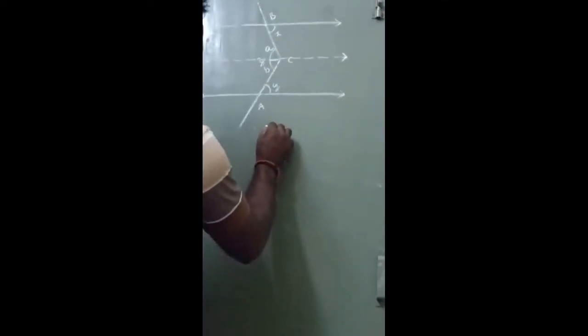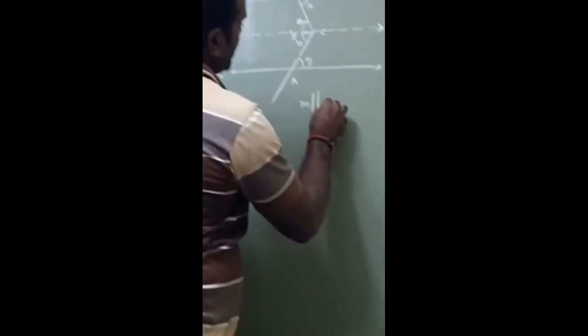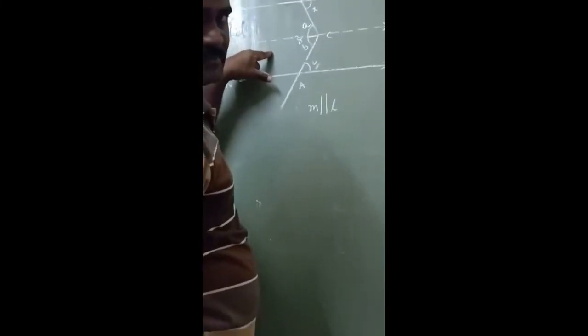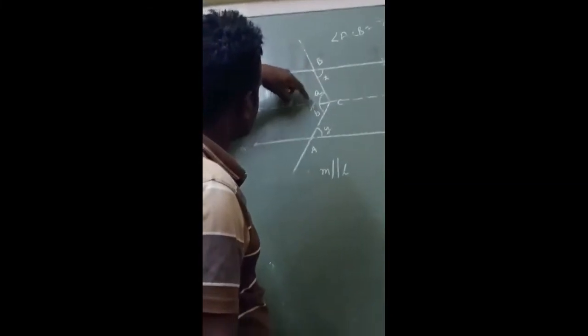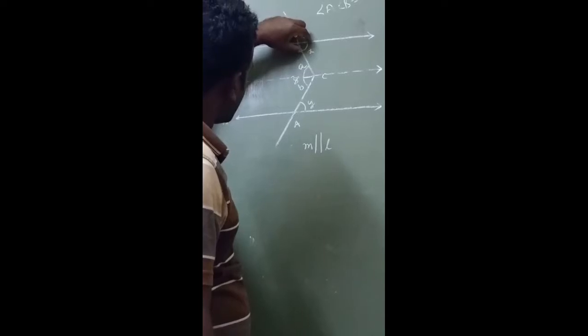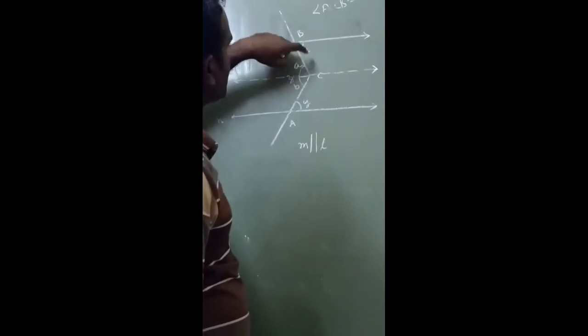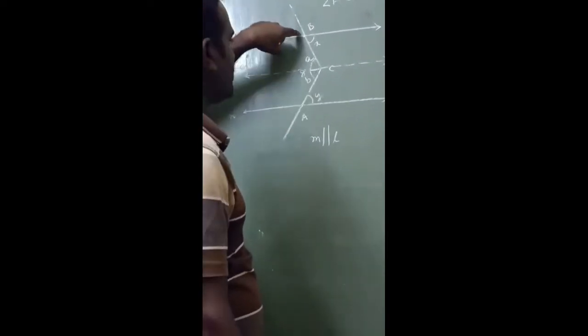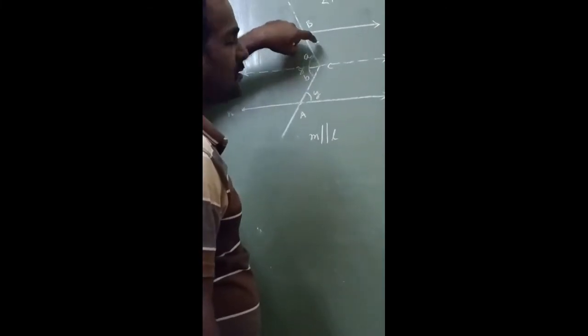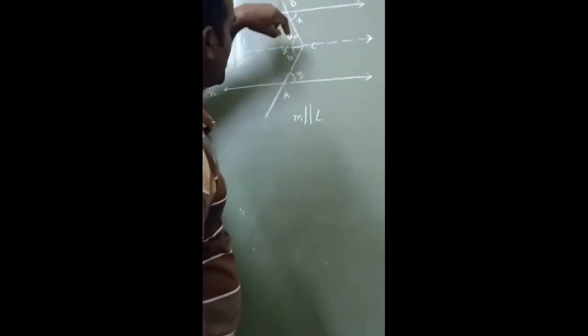See, students, observe these two lines, M parallel to L. The two lines are parallel lines. Observe this angle and this angle, on either side of the transversal. So this is alternate interior; both are interior.